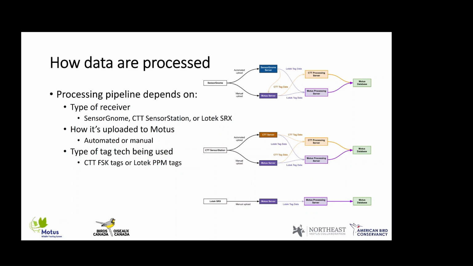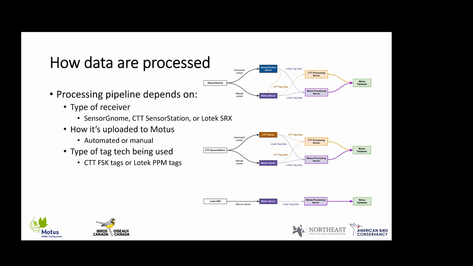The CTT data all will go to the CTT processing server, and the purpose of that is to remove any non-CTT tags, non-Motus tags. There's some false positives in there, and there's some tags that aren't associated with Motus, so we remove that before storing it in the Motus database.